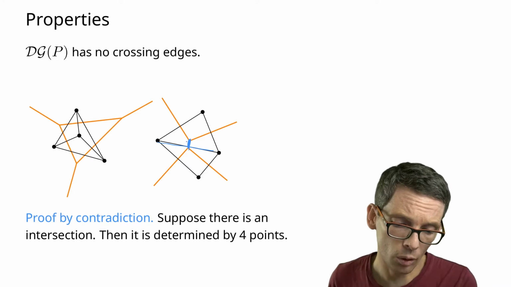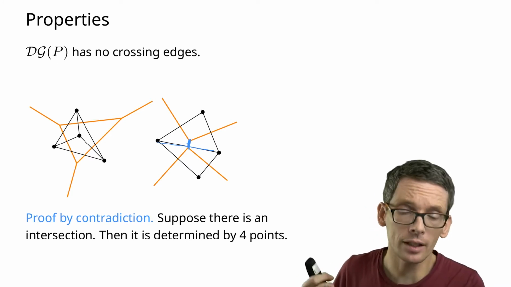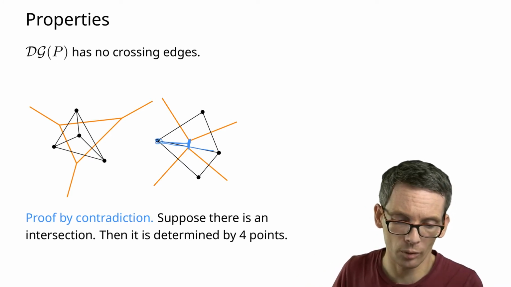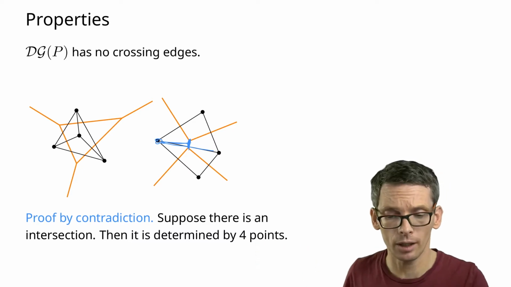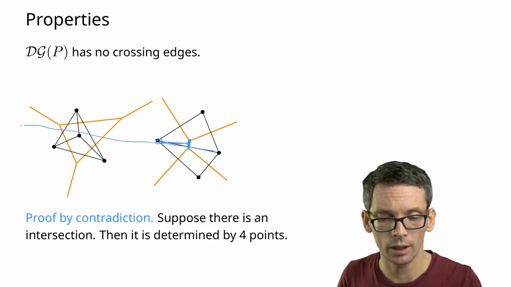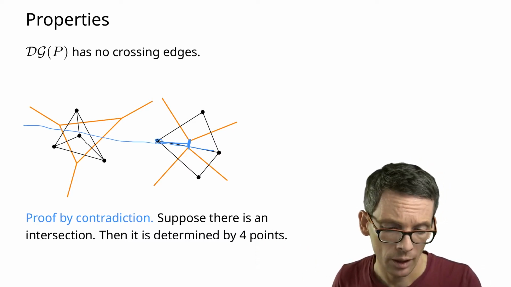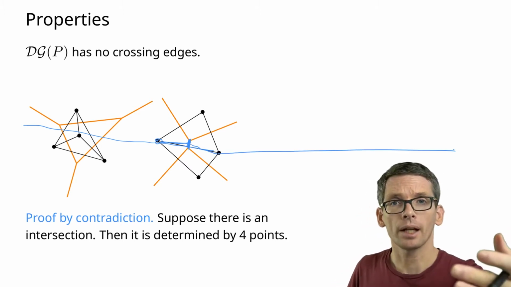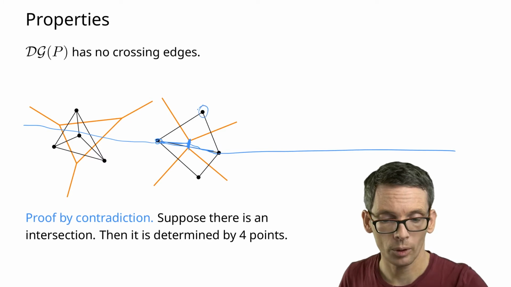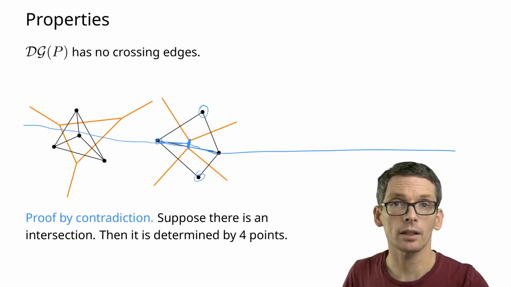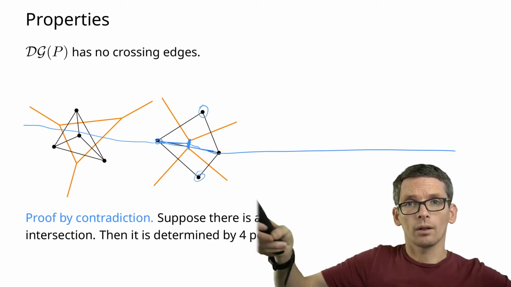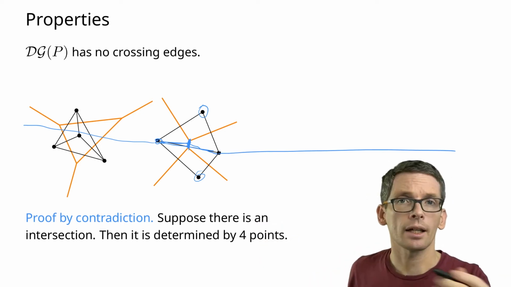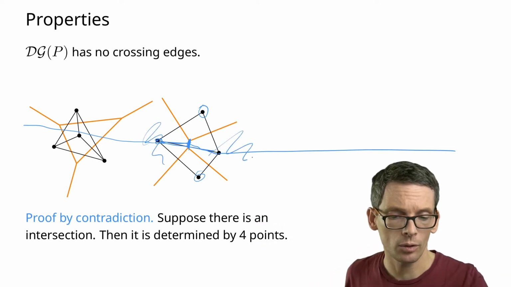I can go from that joint boundary in the cell of this point to that point, remaining in that cell. I can also go to infinity here while remaining in that cell. Likewise on the other side. So I can split the plane into 2 halves such that this point is on the one side, this point is on the other side, and at the splitting line, I stay within these 2 cells.